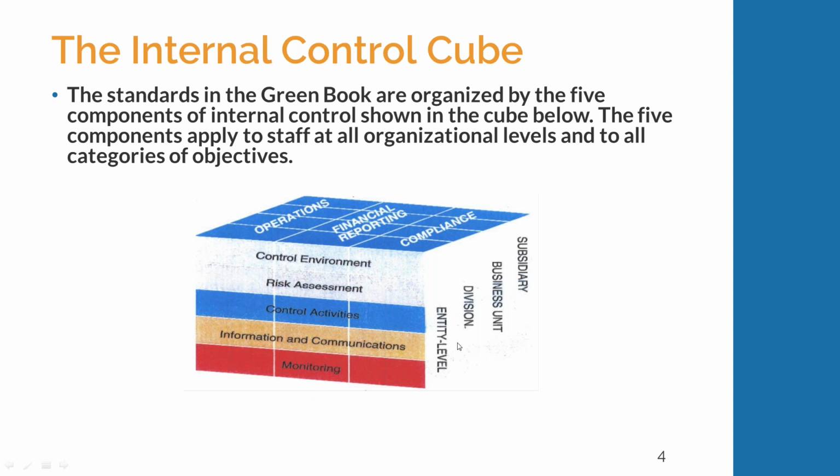And then finally on the right side of the cube would be who gets affected by internal control, which basically is the whole organization. It may be in different situations, might be just at the high level of management, could be depending on the size of your organization. You might have divisions or units or subsidiaries or programs in that situation, but that's where it goes into each of the parts of internal control.